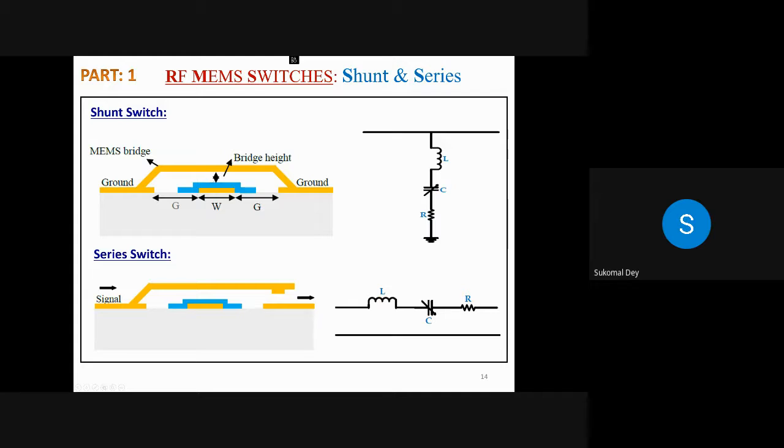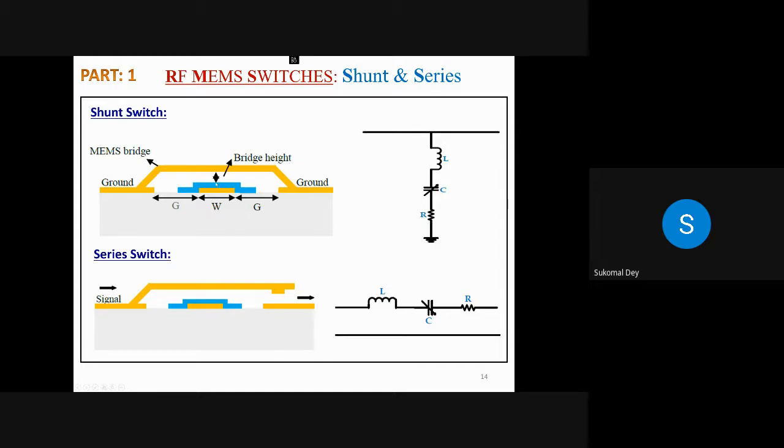If you are applying the electrostatic voltage, this particular beam has some kind of a mechanical force, or something like a restoring force. So once you are increasing the electrostatic voltage, the restoring force, up to a certain time, keeps fighting with the electrostatic force.